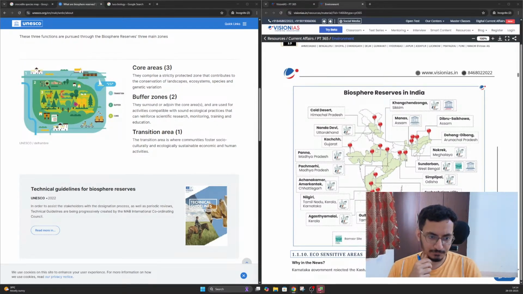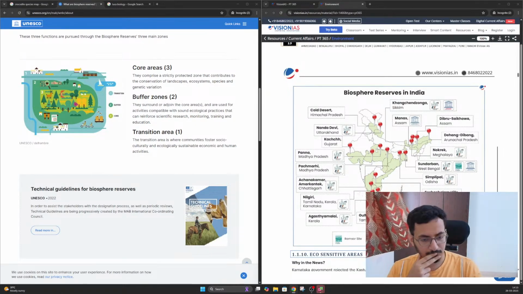Nokrek, Kanchenjunga, Dihang-Dibang, Manas.